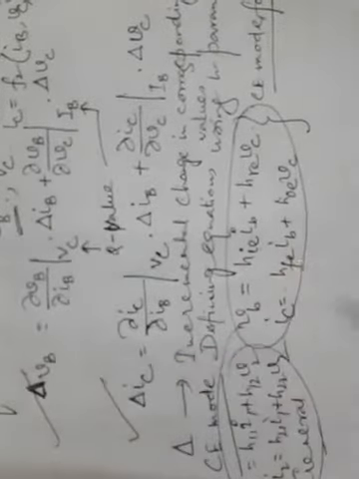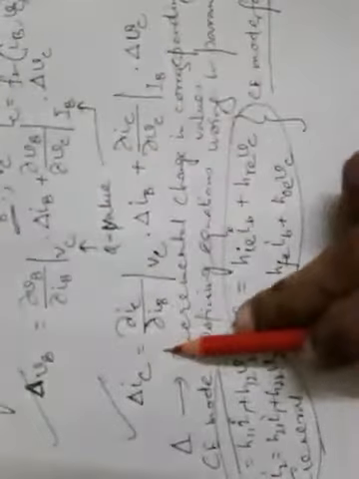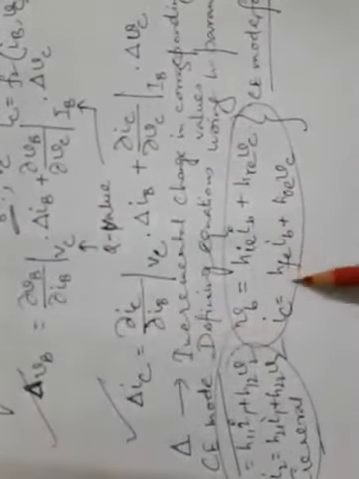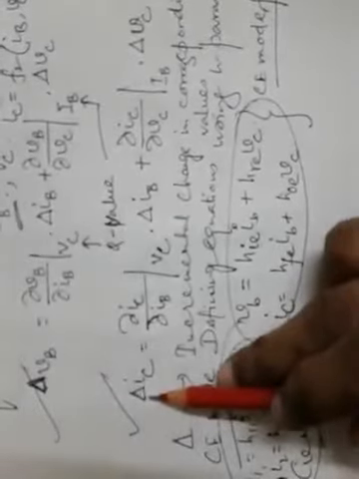So the right hand side of these two equations can be compared with the right hand side of these two expressions, because this VB will be nothing but indicating delta VB and IC will be nothing but indicating delta IC.